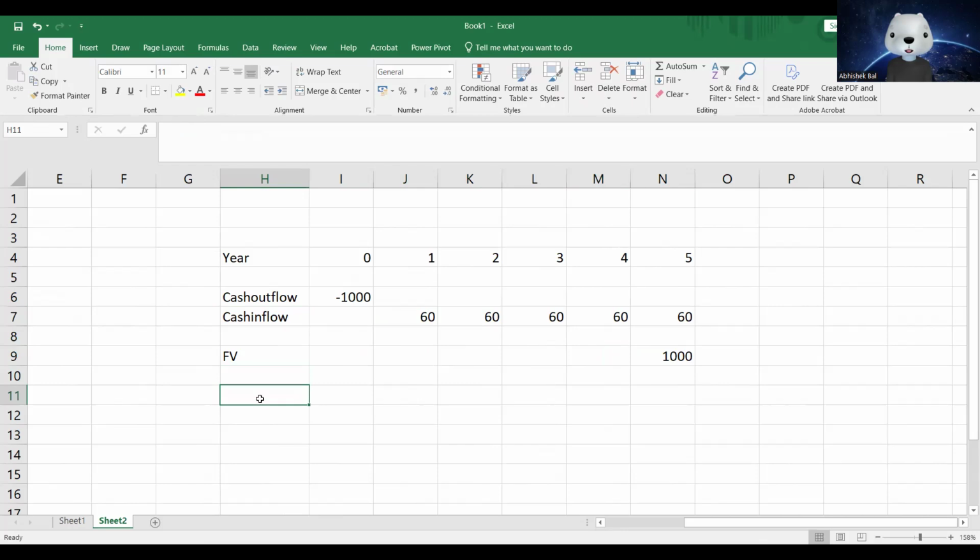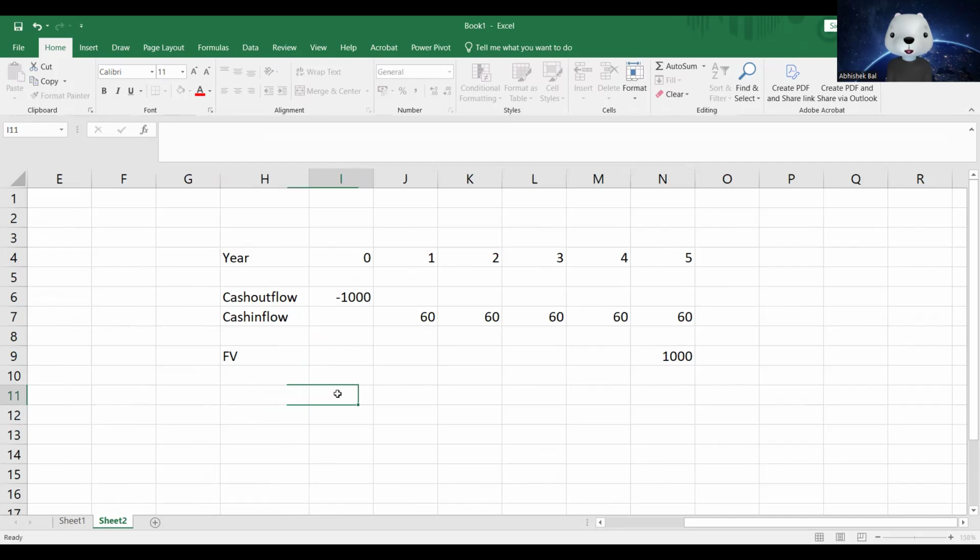All right. So now we have to calculate the present value of this cash flows, right? So in this case, what we're going to do is we're going to assume different rates.